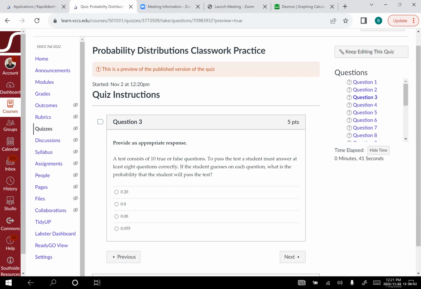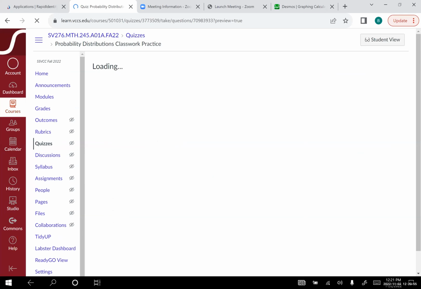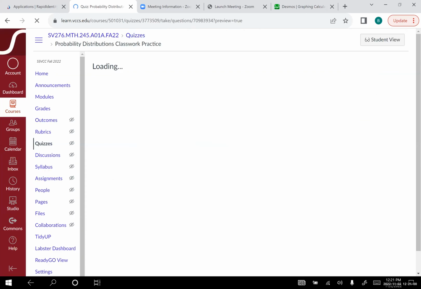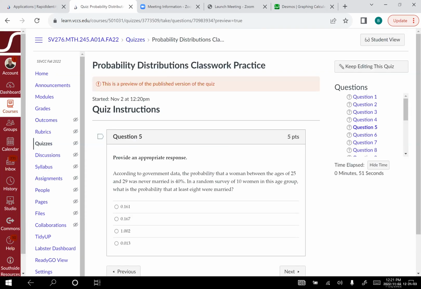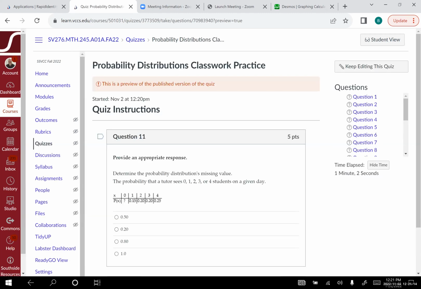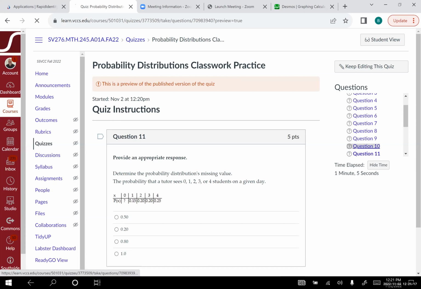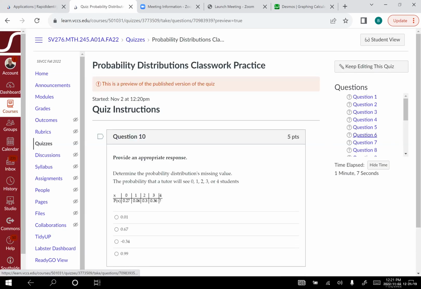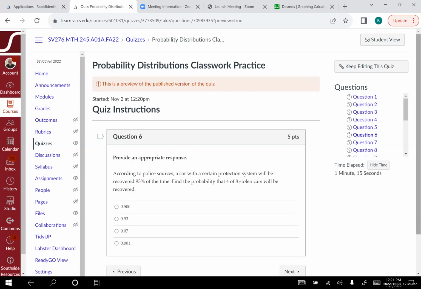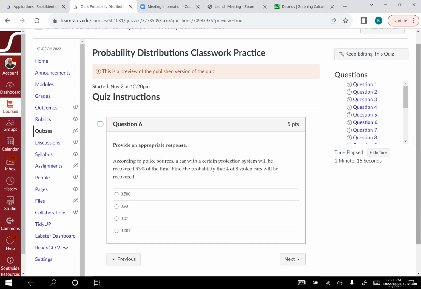Hold on a second. I think these might all be binomial. Oh no, here we go. I was incorrect. Okay, just got to pick around. We'll eventually do all of them.